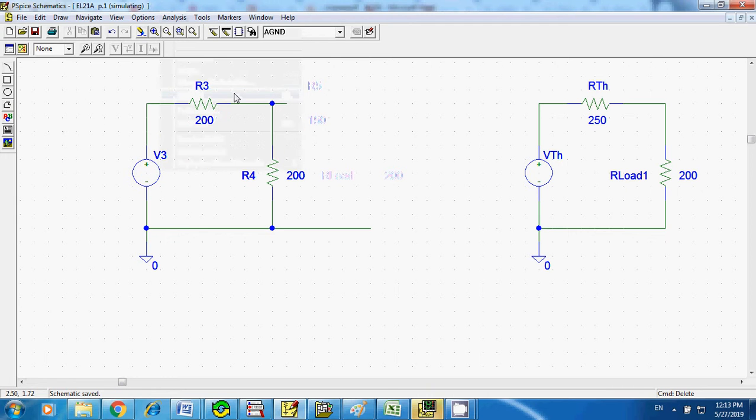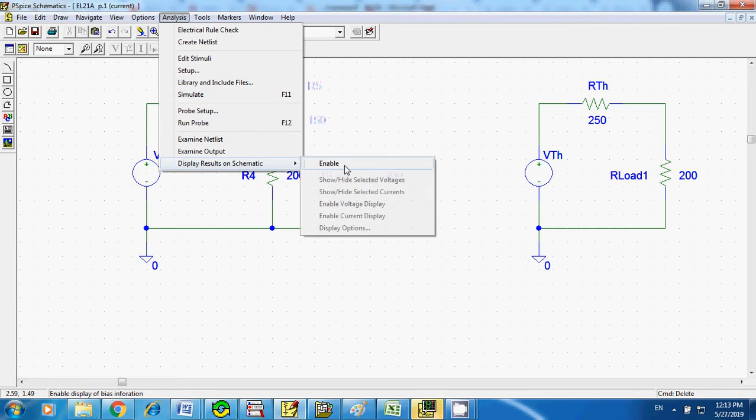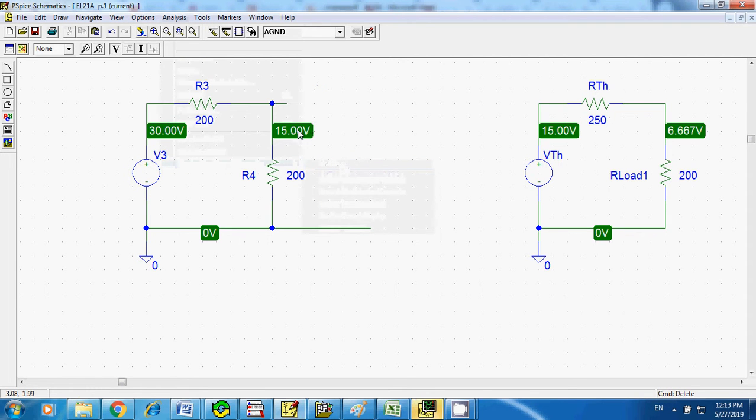So I do the simulation and display the voltage. So I have this VTH from V3. I have VTH equal to V open at this point. So my VTH is 15 volts.